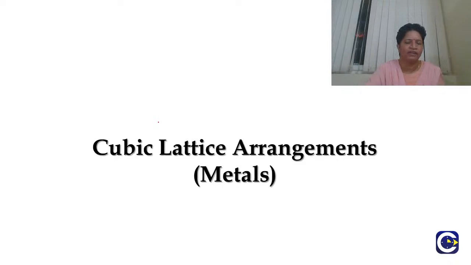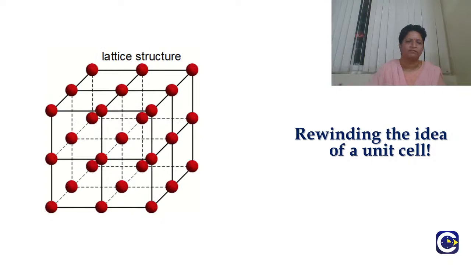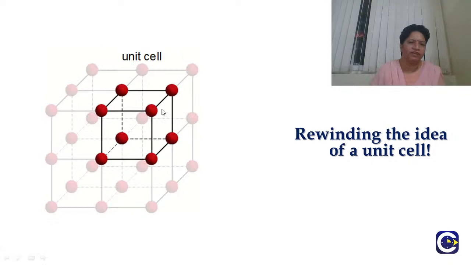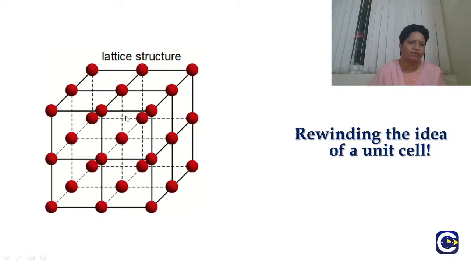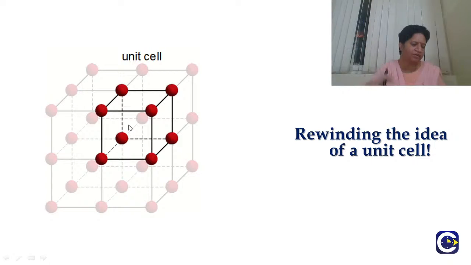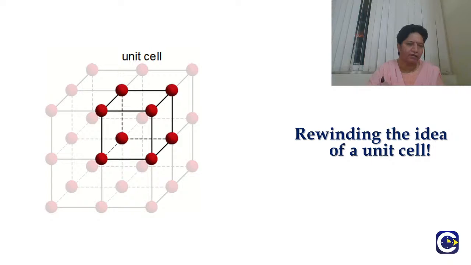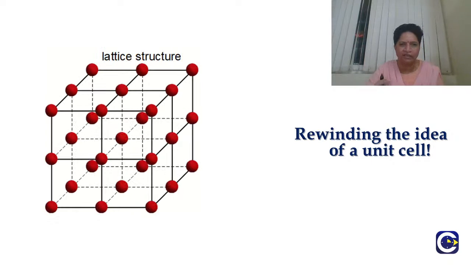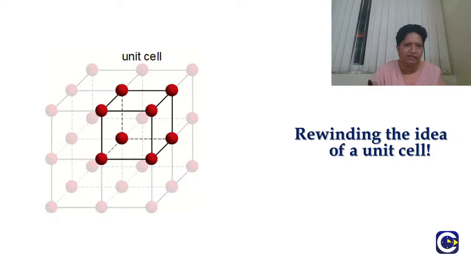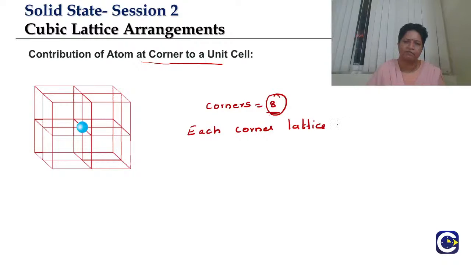So let's see how these arrangements are. First, you can see it is a simple unit cell. The unit cell is the smallest part of a three-dimensional crystal lattice which will set the complete pattern. You can see that the simple one is arranging itself to form the complete pattern, and the corner point is shared equally by 8 unit cells.